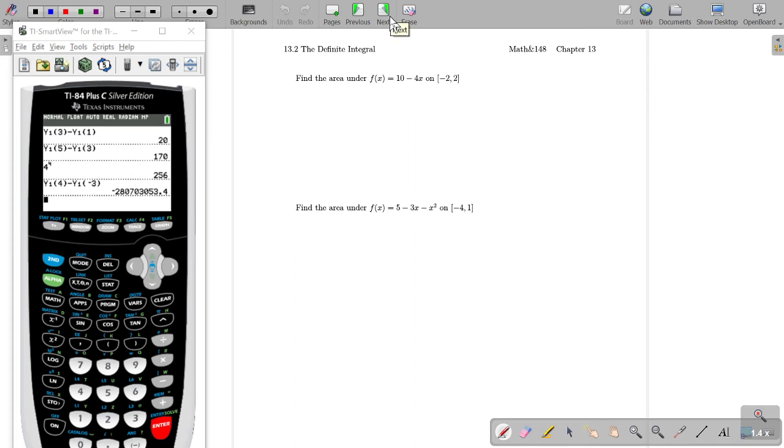So I would like you to find the area under this curve from -2 to 2. So let's start. You should have paused the video and finished.